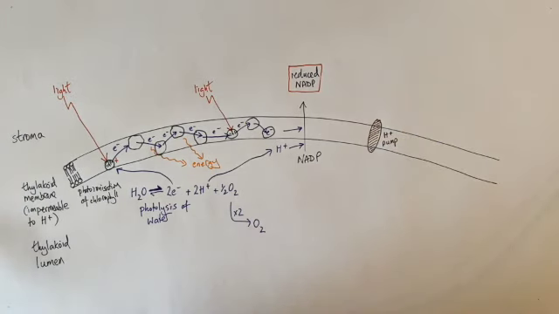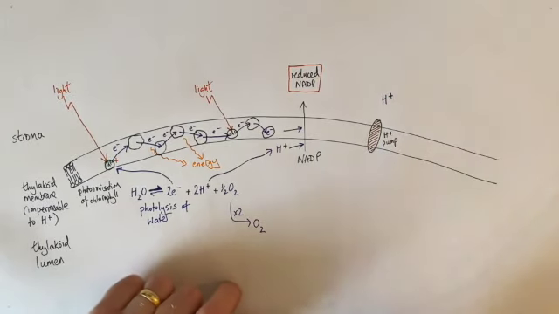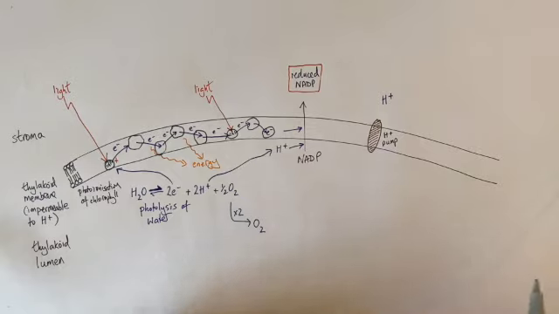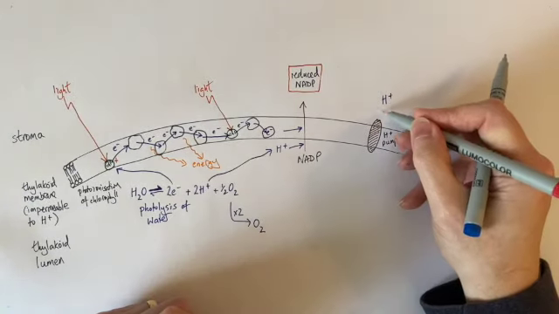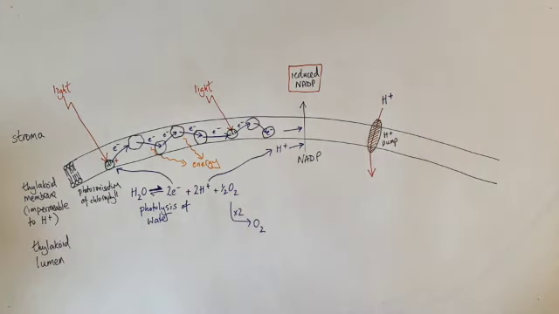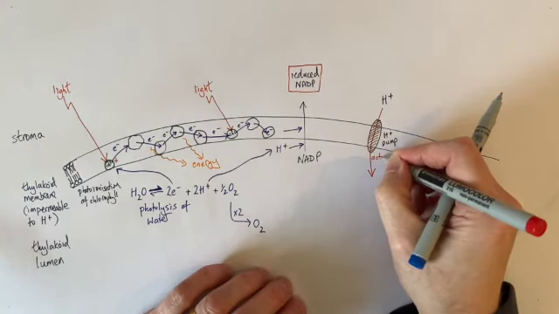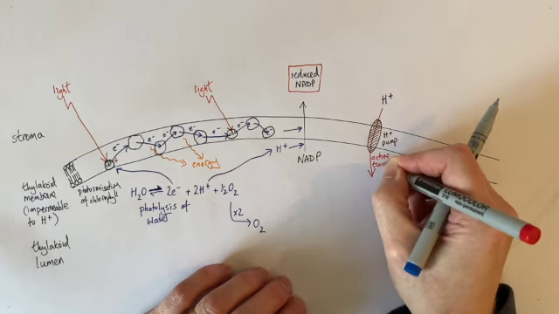And what that can do is to move hydrogen ions from the stroma and actively pump them into the thylakoid lumen. Okay? And so this is active transport.